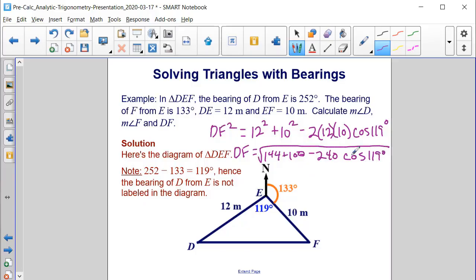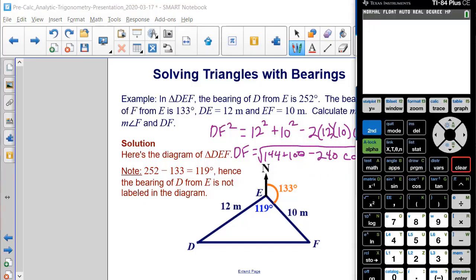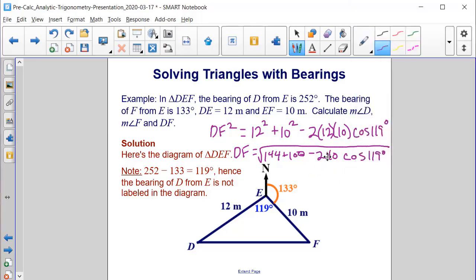And if we substitute this expression into a calculator, we're going to have 144 plus 100 minus 240, and then cosine of 119, close parenthesis for the cosine as well as the parenthesis that's in the square root, and that's going to equal 18.983 meters.